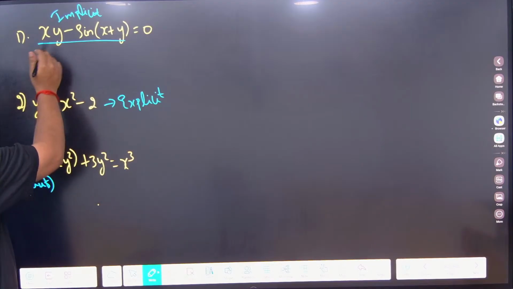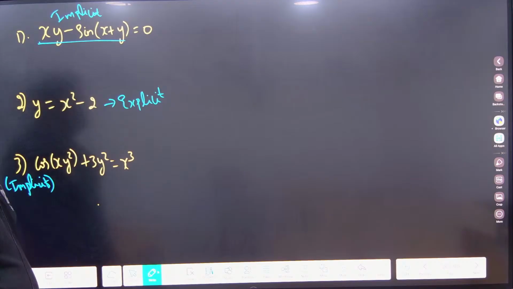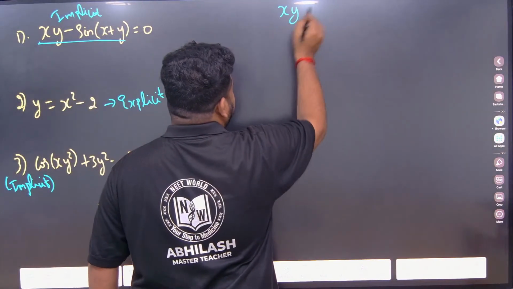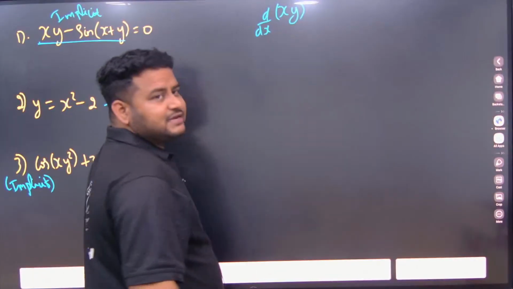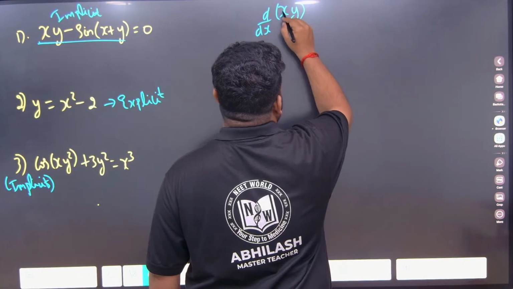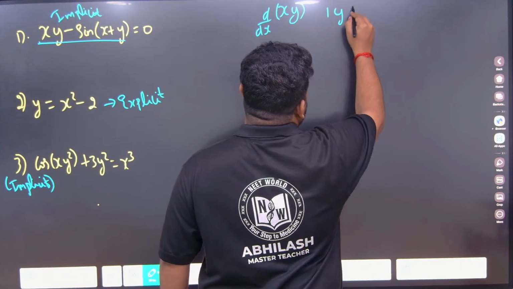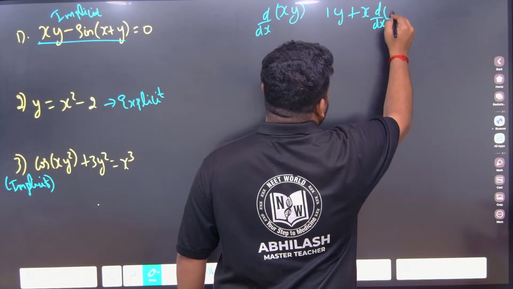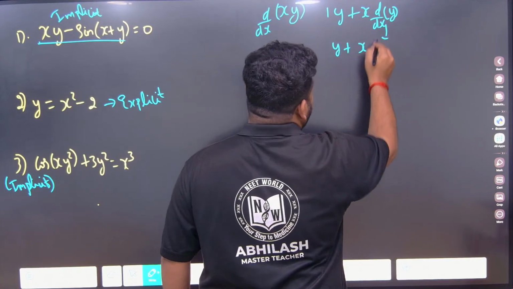So, directly differentiate them. Here xy is there. Let me take xy first. d by dx of xy is given, so what will you apply? You will apply the UV rule, yes or no? You differentiate x first: d by dx of x is 1. So 1 into y, plus x as it is, into d by dx of y.